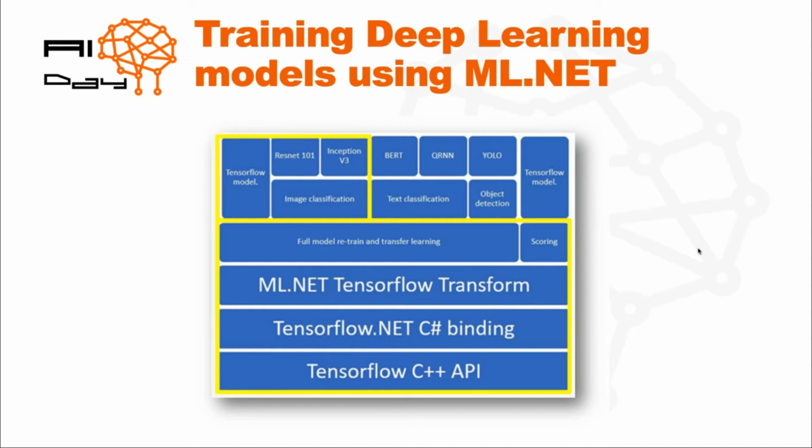You Only Look Once for image classification, for object detection. You will use the TensorFlow API, but in this case, there is a TensorFlow transform that uses C#, of course, and communicates to the C++ API. So this is, let's say, high level. You communicate with this, and internally it is translated into C++, or it's called in the C++ internal API.